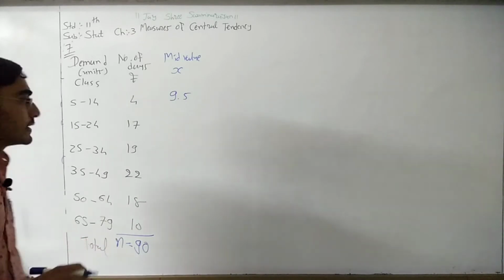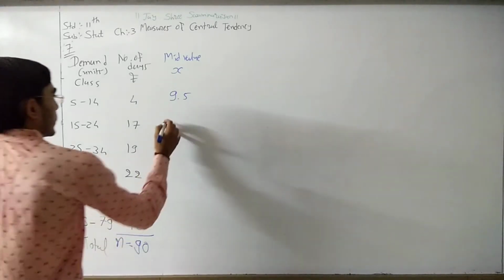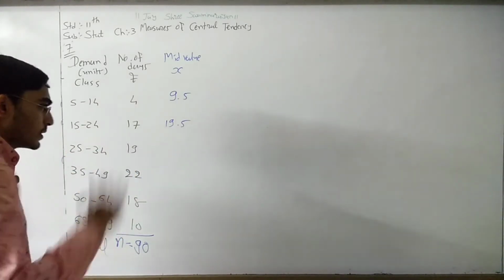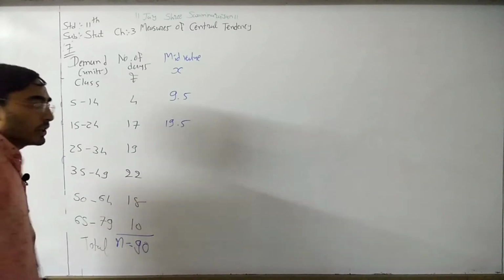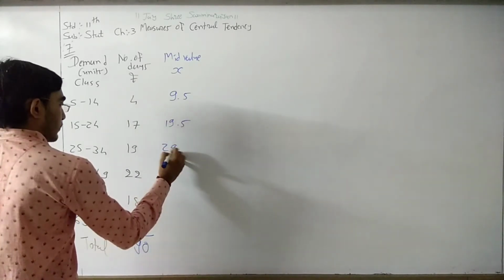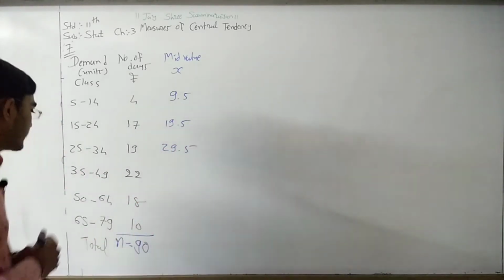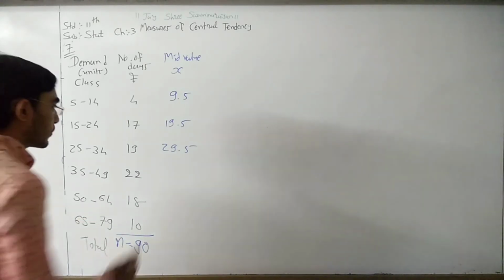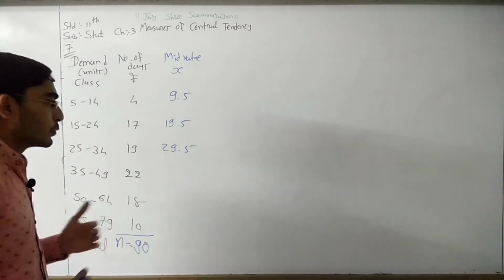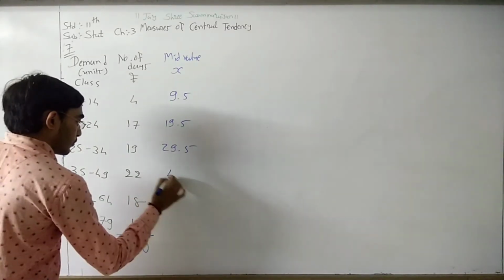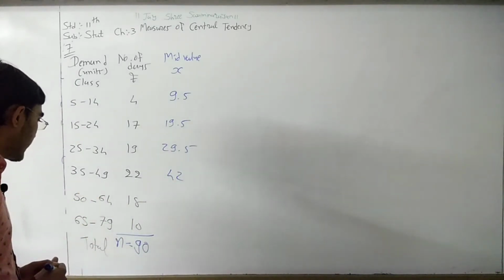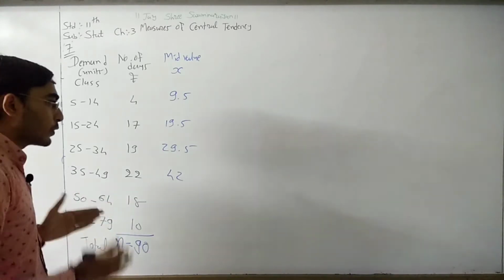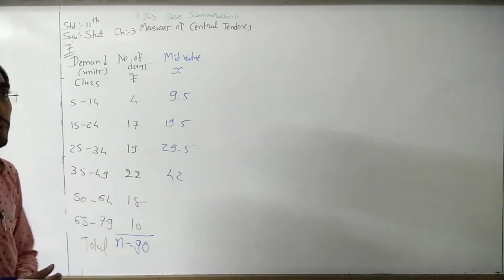24 plus 15, 39 divided by 2, 19.5. 34 plus 25, 59. 59 divided by 2, 29.5. 49 plus 35, 84. 84 divided by 2, 42. 50 plus 64, 114. 114 divided by 2, 57.